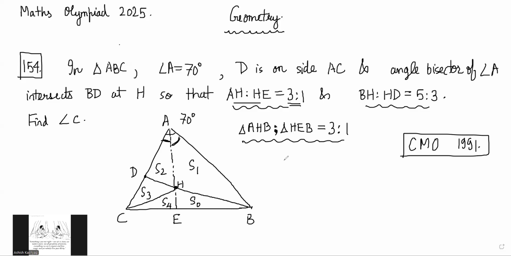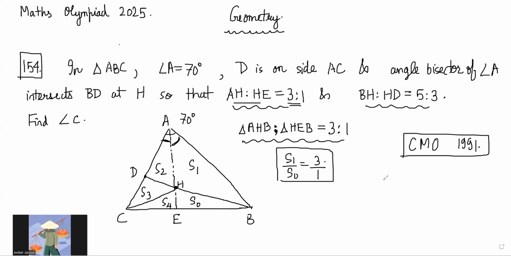Without loss of generality, I can assume S0 to be 1 because the size of the whole triangle was never given. The ratios were given. I'm going to make it 1 to make the calculations easier. Assume S0 is 1. So therefore, S1 is 3.